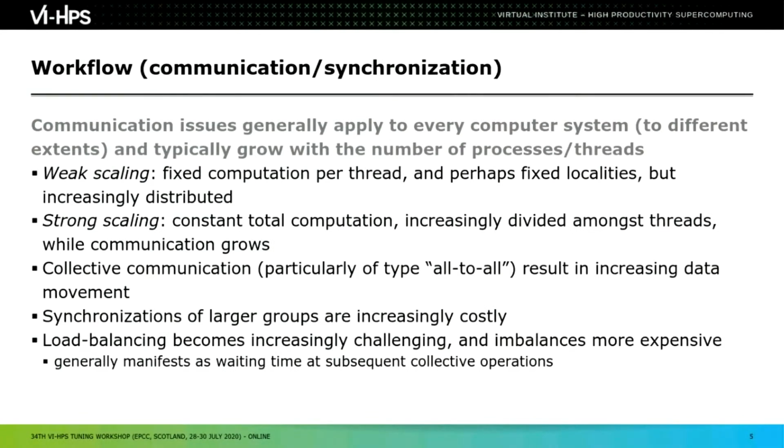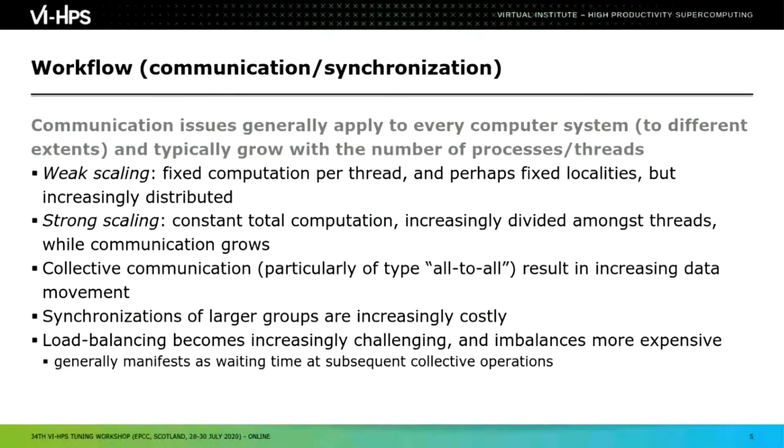After that, you may want to check exactly what's going on specifically inside the parallelization. There are two different types of scaling. Weak scaling is where you have a fixed computation per thread, and increasing the number of threads will simply allow you to process more data.